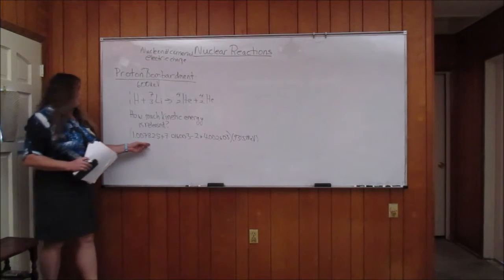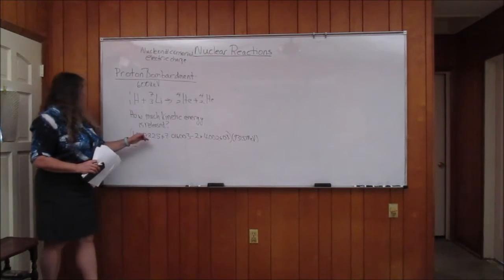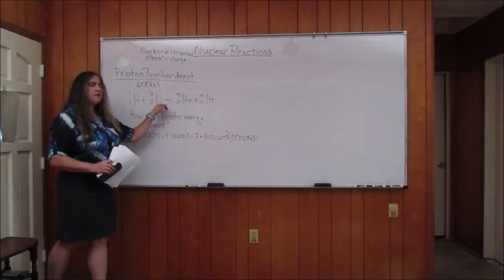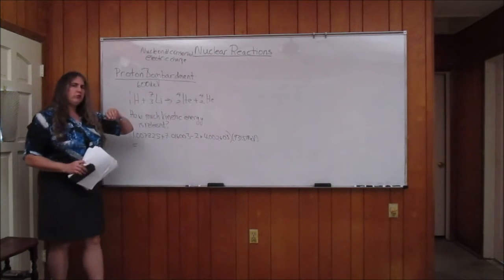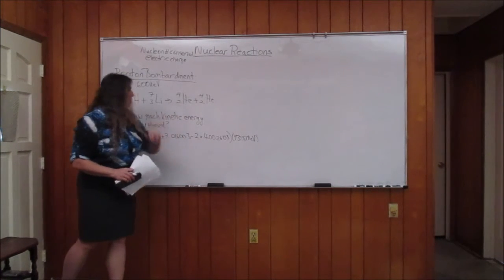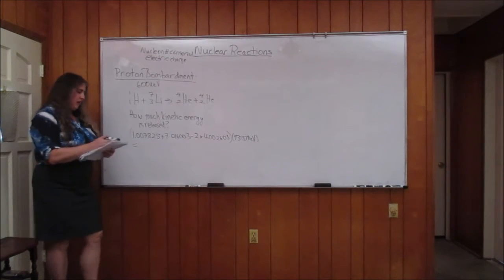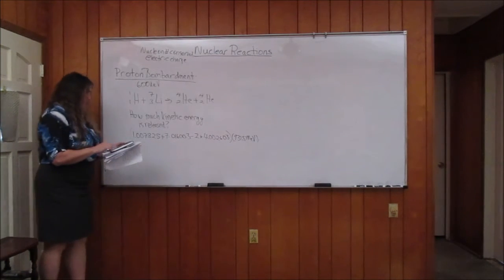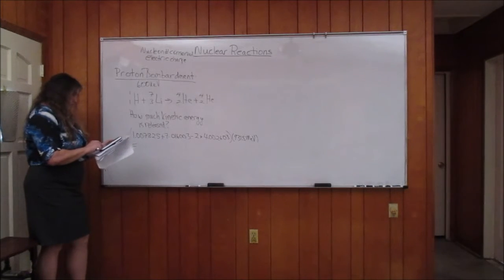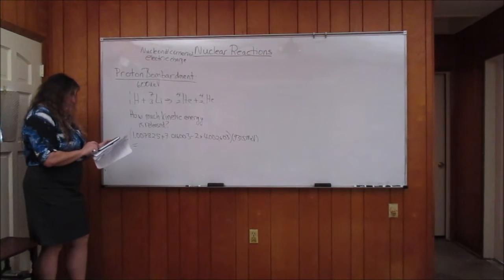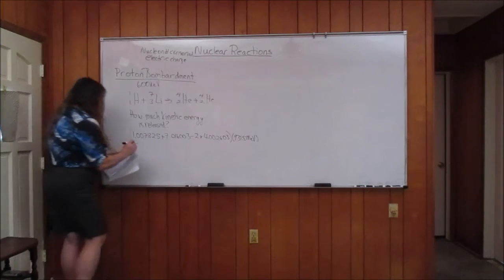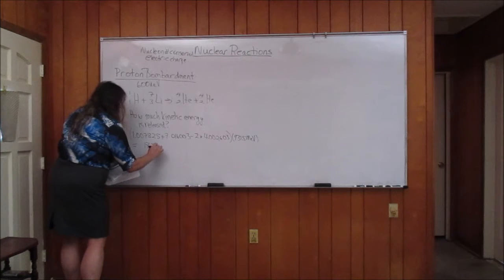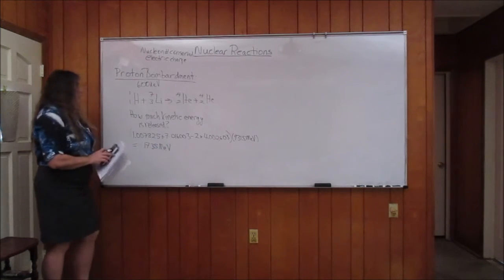This is the mass of the hydrogen atom, 1.007825, plus the mass of lithium-7, 7.016003, minus, because we've got 2 alpha particles, 2 times 4.002603, and then again, we've got to convert that over to mega electron volts. And that gives me 17.35 mega electron volts of energy released.